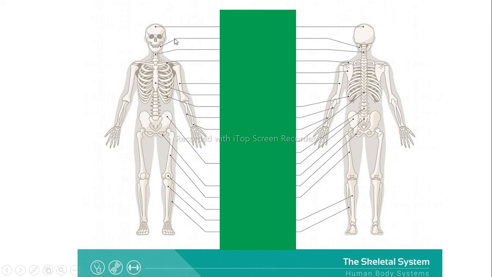Then we have this one right here, which points to the what? Clavicle. Very good.